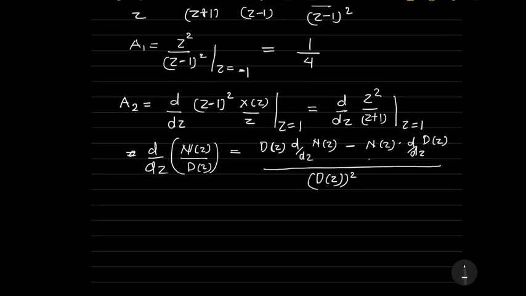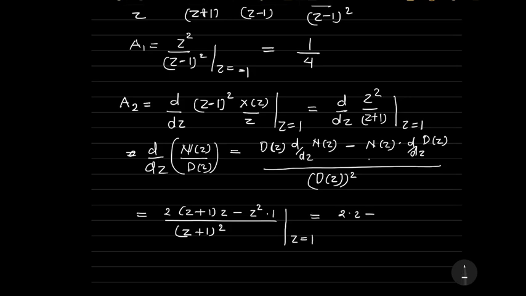So we get the result of this differentiation as (2z into (z plus 1) minus z square into 1) divided by (z plus 1) whole square, and setting z equals 1, we get 2 into 2 minus 1 divided by 2 square equals 3 by 4. The a2 value obtained is 3 by 4, and the a1 value obtained is 1 by 4.